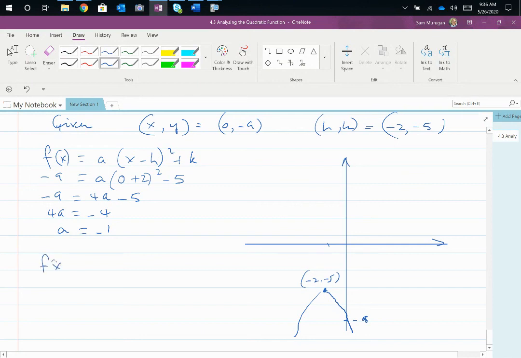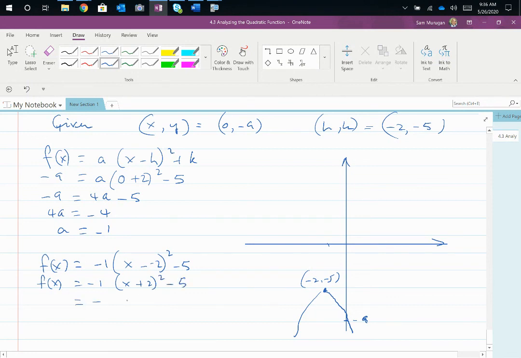So f of x is equal to negative 1 times (x minus negative 2) squared minus 5. So this is f of x is equal to minus 1 times (x plus 2) squared minus 5.